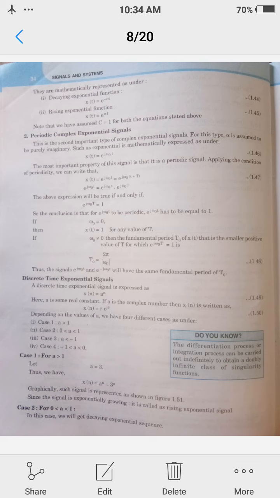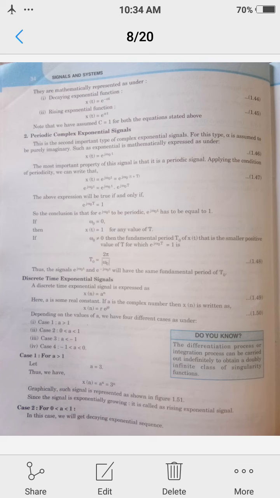Now the second type of signal is the periodic complex exponential signal. For periodic complex exponential signal, our signal will be of the form x(t) is equal to e to the power j omega 0 t. This omega 0 is nothing but the angular frequency of the signal. And for testing the periodicity of a signal, we have taken the condition as x(t) is equal to x(t plus T0).